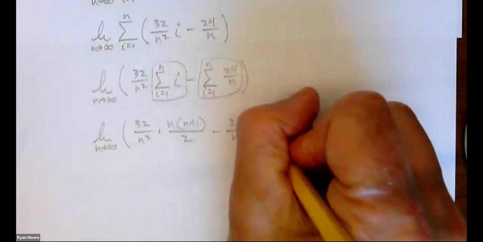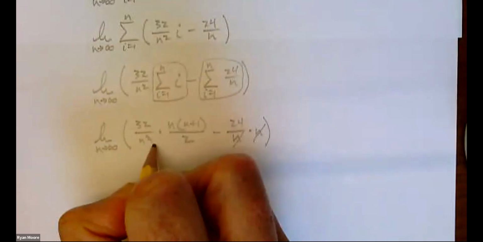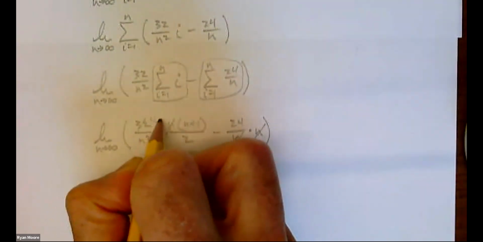Okay, from here, we start to simplify, clean things up, right? The n's cancel there, an n cancels there, 32 reduces, and we get 16 times n plus 1 over n minus 24.